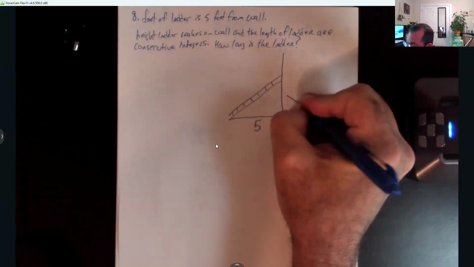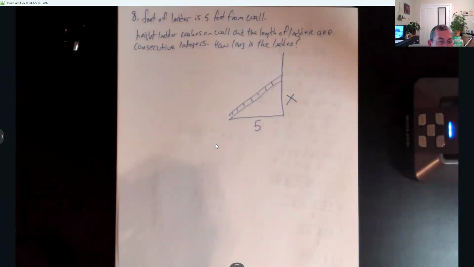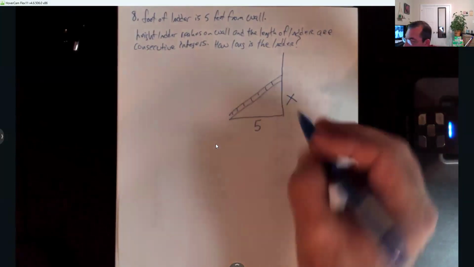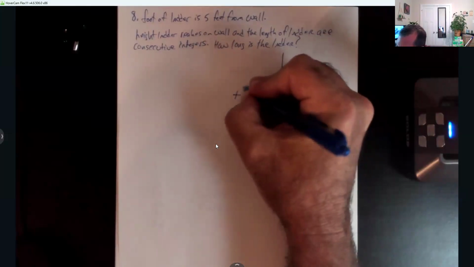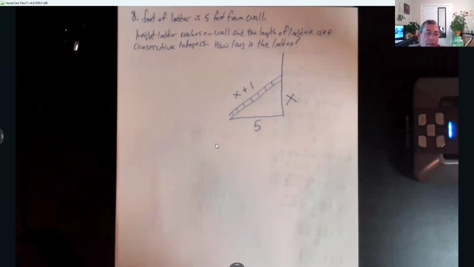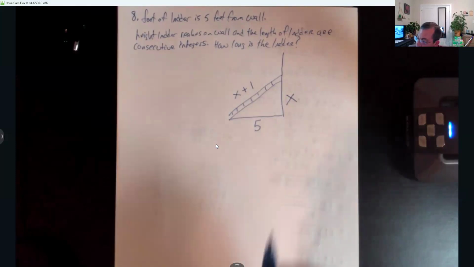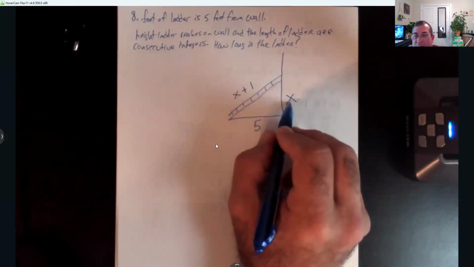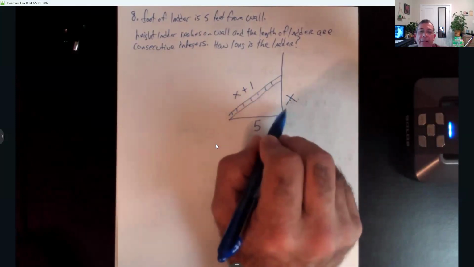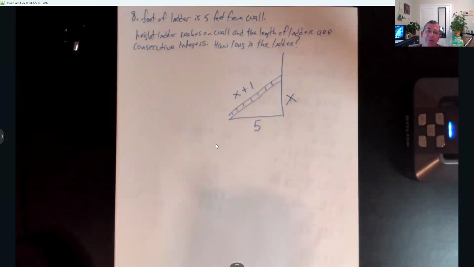Okay, so that'll be my X, and Jackson, you got it. You said X plus 1, so good job. If this is X, this will be X plus 1. Consecutive integers: if this is 4, this equals 5. If this is 7, this equals 8. So that's what they meant by consecutive integers.